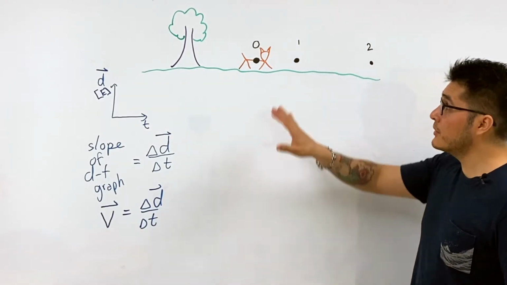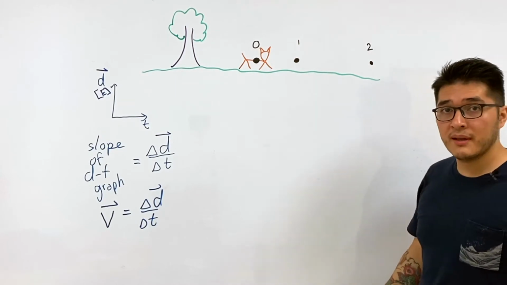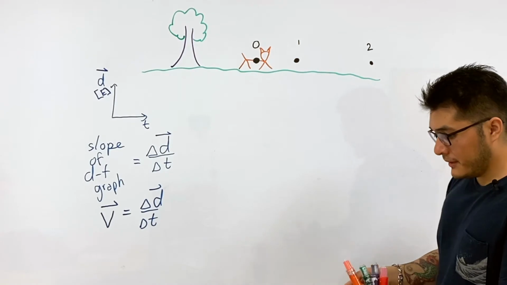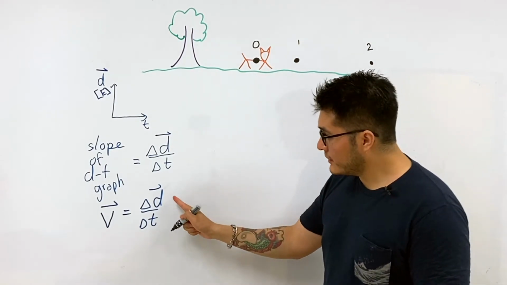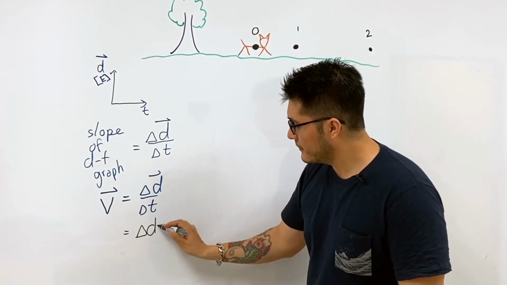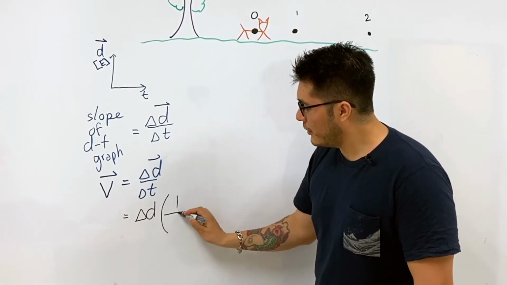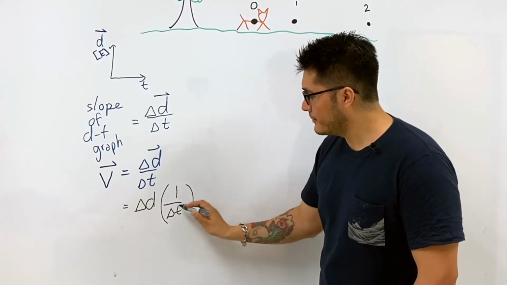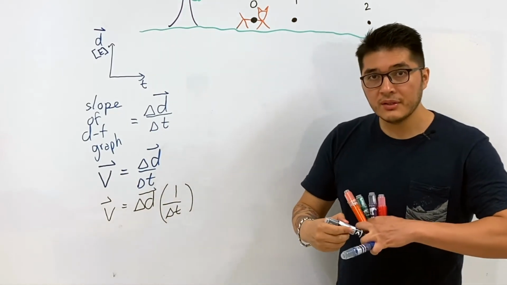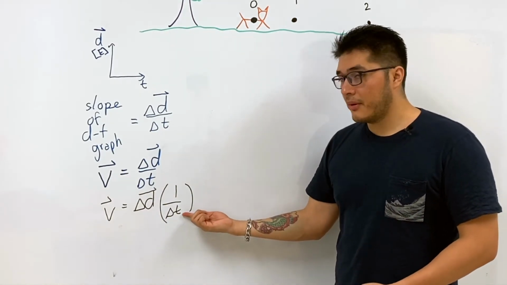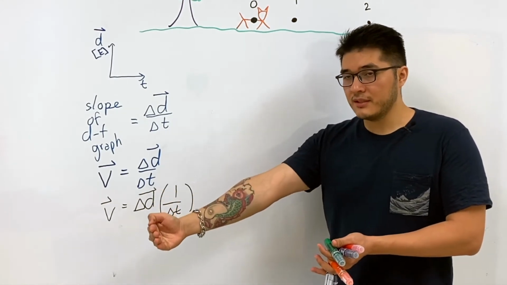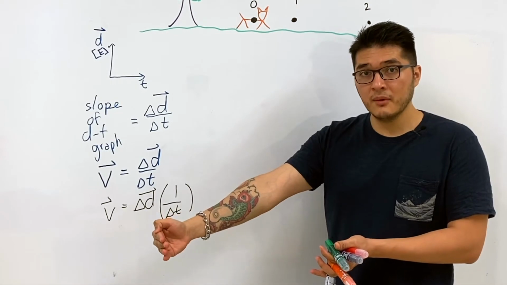That means that in order to determine the direction of velocity in a motion diagram, we need to figure out the direction of displacement. Why is that? Well, we can think of this equation as delta d times 1 over the change in time. Now, the change in time is always going to be a positive number, right? Because if you start your timer at 0, and the next measurement is at 1 second, the change in time is 1 second.